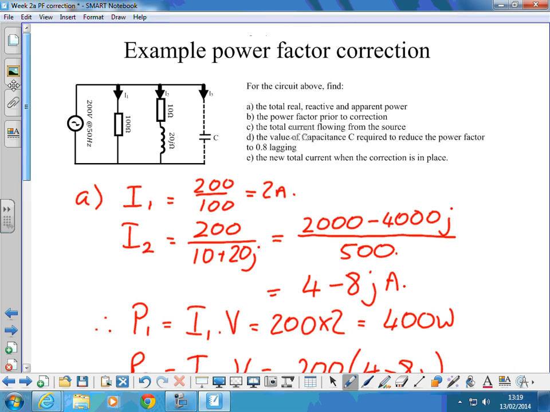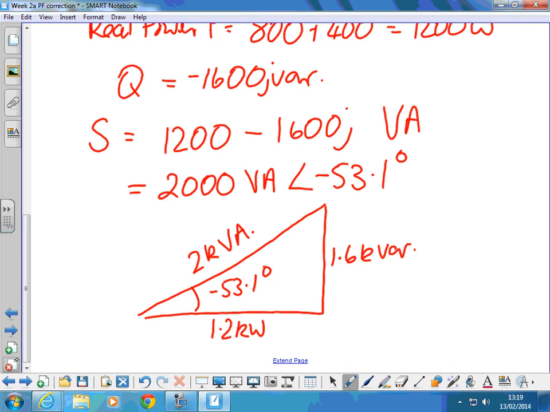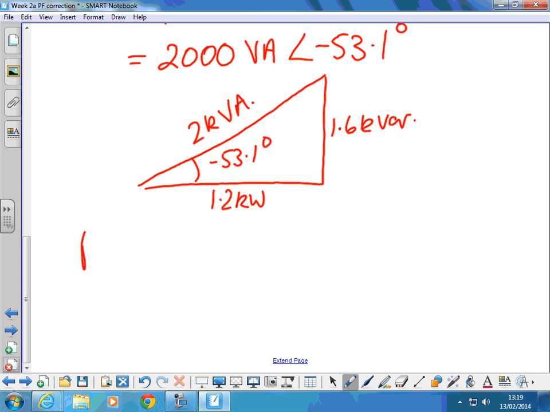So we've done that first bit. We've calculated total real, reactive and apparent power, and we've also found the angle. So the power factor is equal to what?